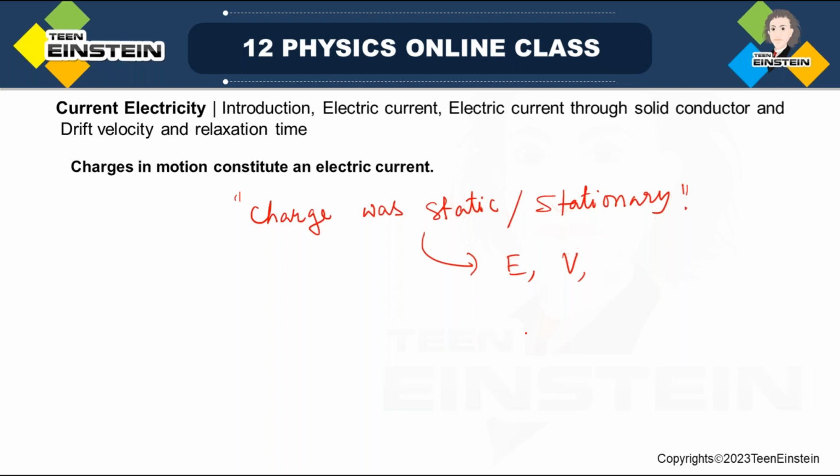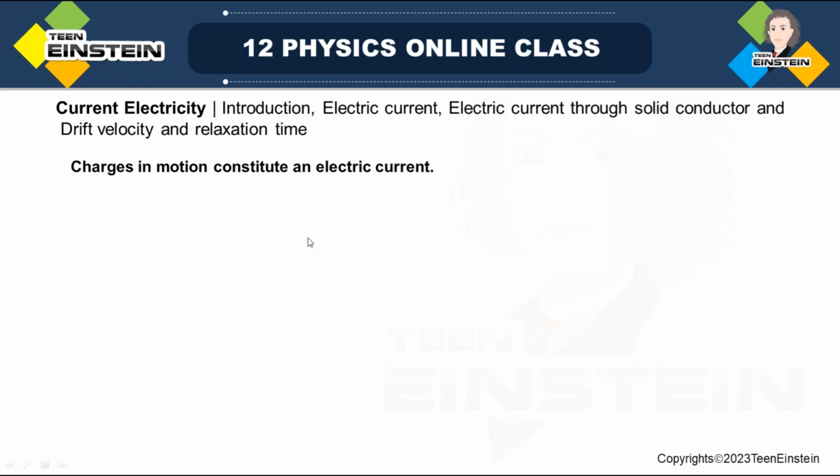So today, what we are going to start is the current electricity. So what is current? The charges in motion constitute an electric current actually. When charge is flowing or in motion, that constitutes electric current. So this is a very crude definition.